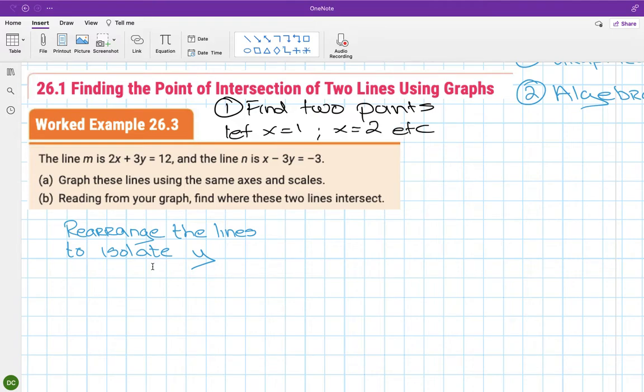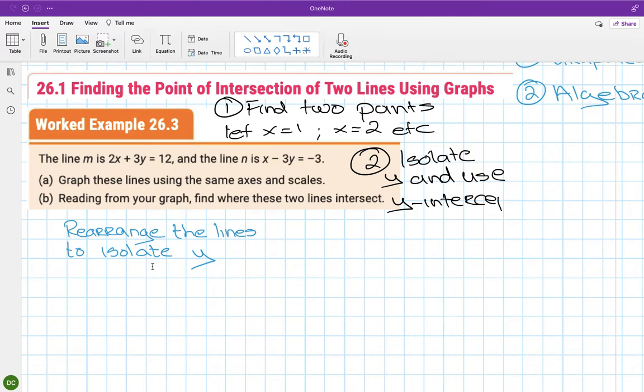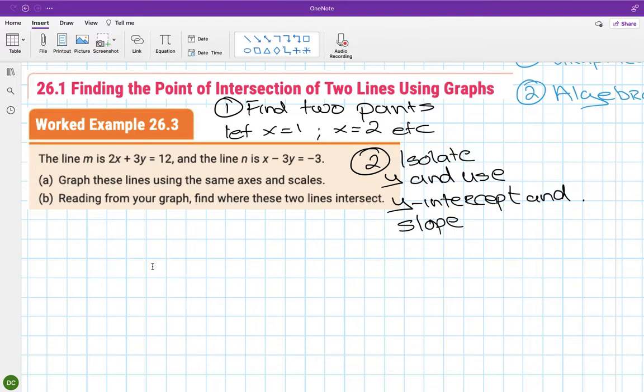And the second way, which is the way I'm going to do, is you isolate y and use your y-intercept and your slope. So we're going to rearrange these lines.